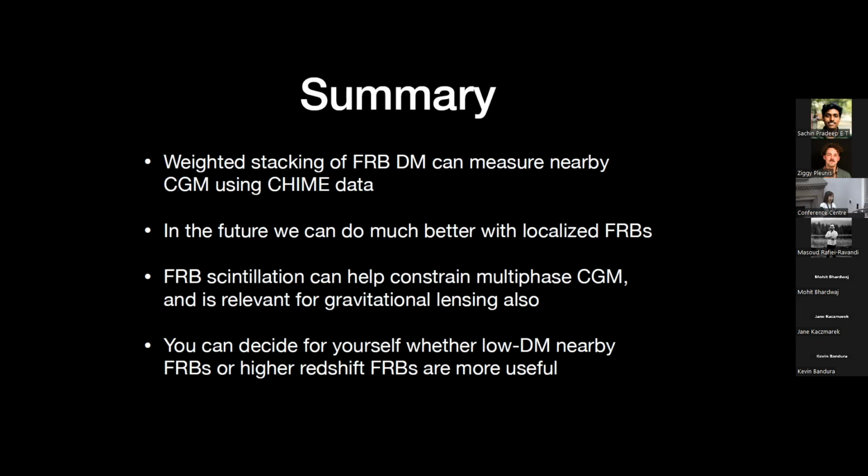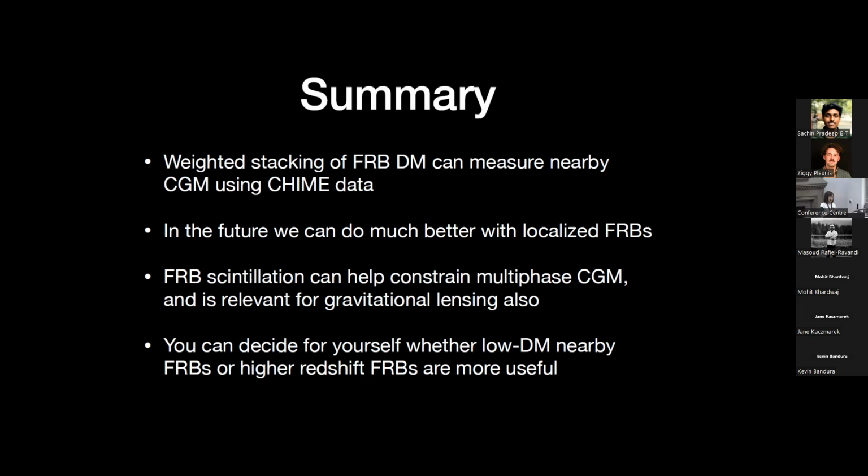Hey, that was a really nice talk. Thank you. So for the missing baryon problem and going after the DMs of the CGM, you've basically described three methods. The first is a sort of flim-flam DSA method, where you're probing the DM from the CGM of an intervening galaxy with a localized FRB. The other is the unlocalized case, your and our method. And then finally, the low DM one.